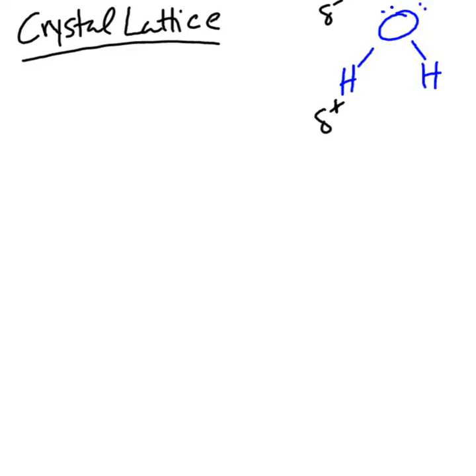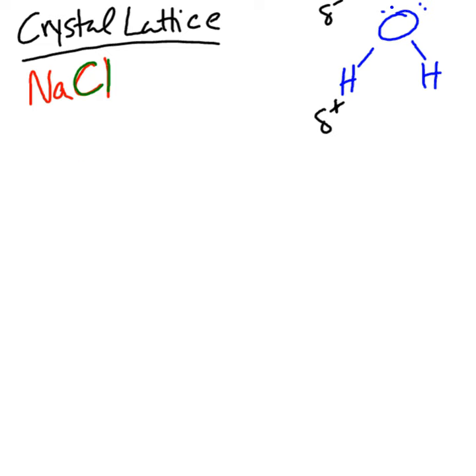Now, the next part of this video is on the crystal lattice. So, if I was to take, say, sodium chloride, in fact, just for this, we'll do that. Sodiums are red and chlorines are green.